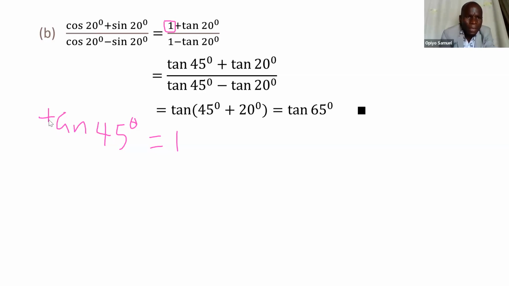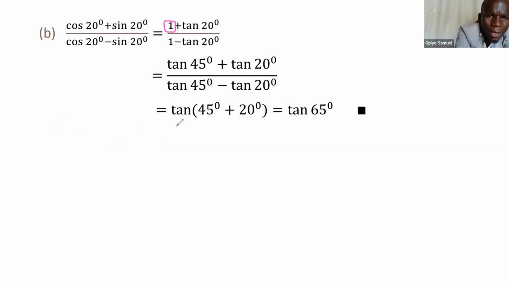But we know tan of 45 equals 1. Since tan of 45 is 1, we can replace this one here, which I highlighted, by tan of 45.